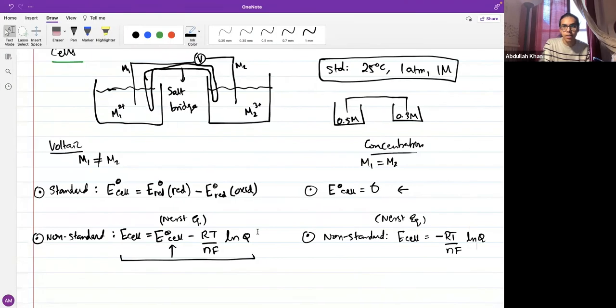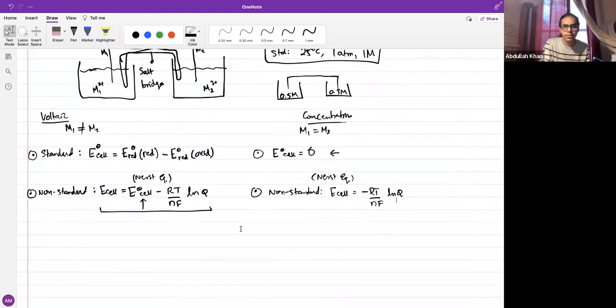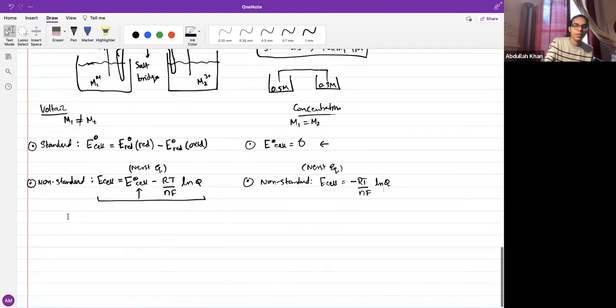That is a high-level summary. Not even high level, it's a comprehensive summary of what's going on. Okay, now let's talk about each of these one by one. How much time do we have? We have enough time. Starting with the standard voltaic cell, which is a very simple equation, reduction minus oxidation.